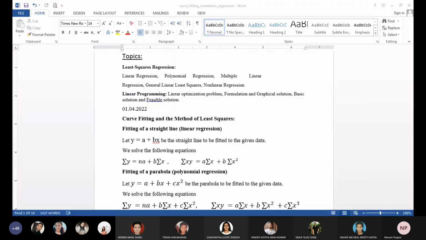So straight line. Now we very well know the straight line is of the form y equals ax plus b. That is nothing but your mx plus c. Right? y equals mx plus c. Now when you write down the equation y equals mx plus c, what does that m represent?